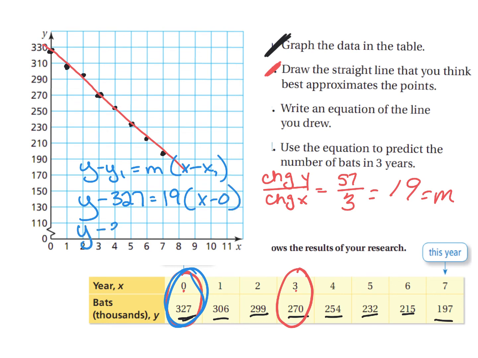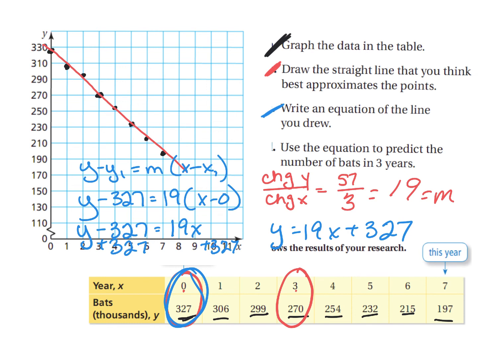So y minus 327 on this side. 19 times x is 19x. 19 times 0 is 0. And then I'm going to add 327 to both sides. So we get y equals 19x plus 327.